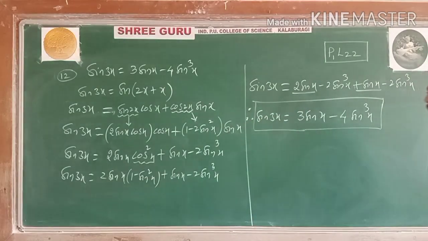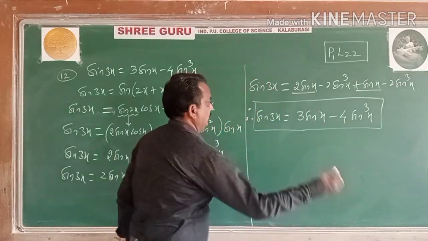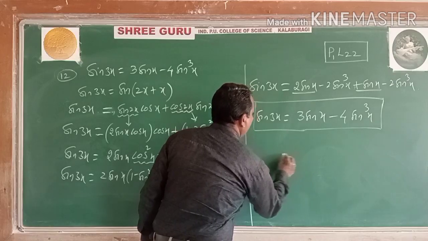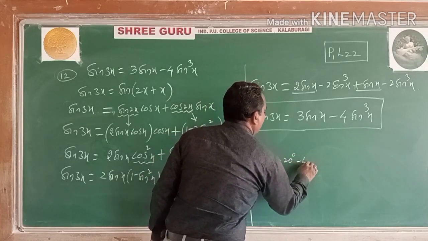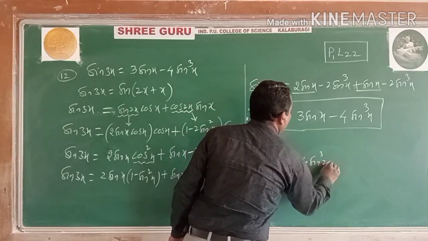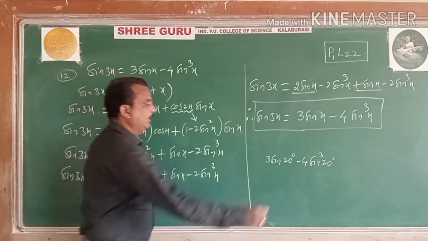Like that you may simplify, students. See the students, I will give one formula here, you may write it. 3 sin 20 degree minus 4 sin cube 20 degree is equal to, find the value.